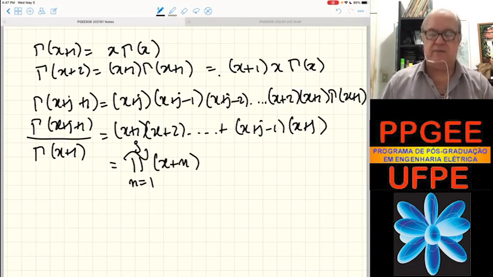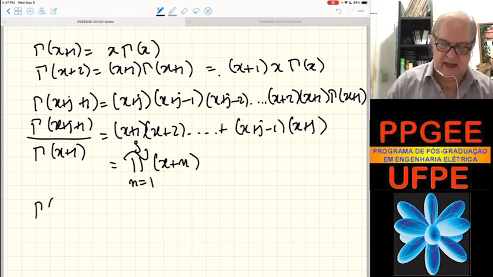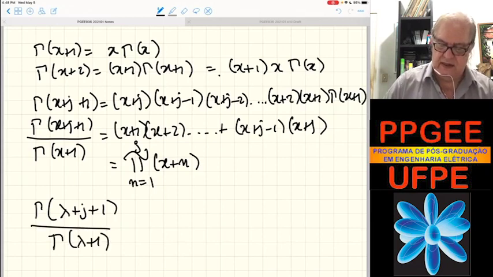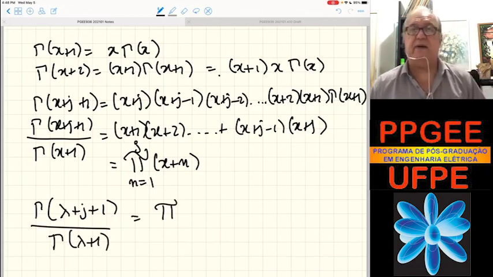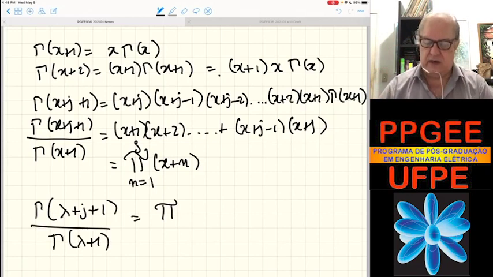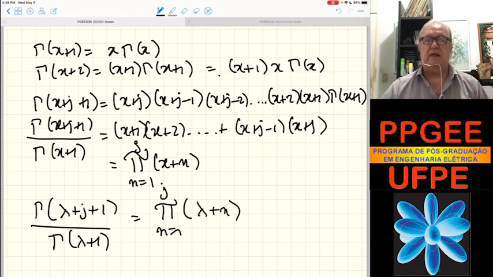So what I want is the productory. I want to make gamma of lambda plus j plus 1 divided by gamma of lambda plus 1 give me that parameter that I have in my recurrence relation, which is something like this, lambda plus n, right? That's what I had before.